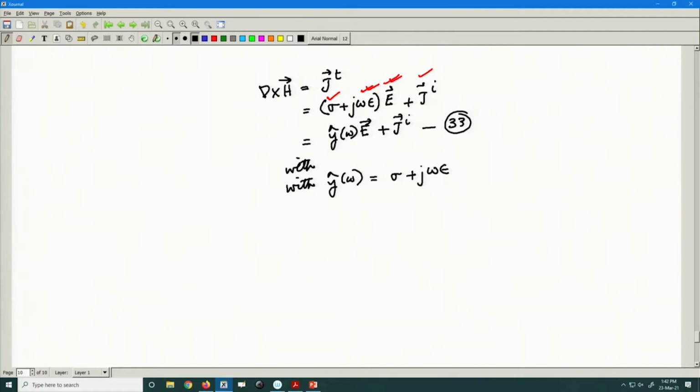So, in equations 32 and 33, Z cap omega and Y cap omega are the media parameters. They specify the characteristics of the media.